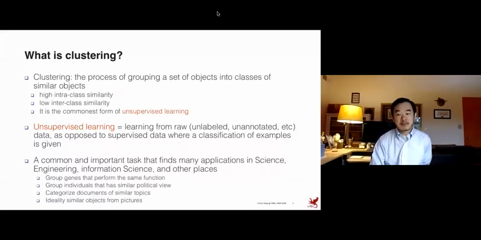Points within a class are similar to each other, and points between different clusters should be less similar. And this is to be achieved without any supervision. I just told you the contrast between supervised and unsupervised machine learning. Here, I made it a little bit more formal.